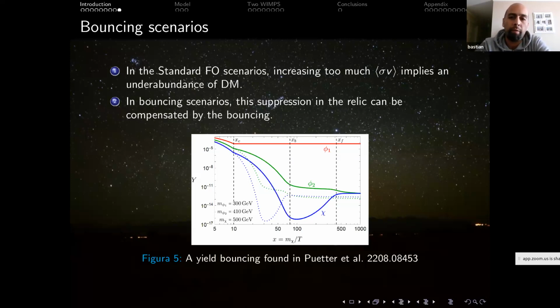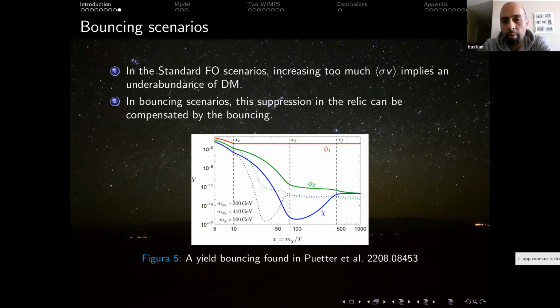The thing is that for indirect detection it's important, because the fluxes that we observe today in this type of searches depend directly on this quantity, the annihilation of your dark matter particle. So this is the motivation in these scenarios, not only a peculiarity of the yields in the early universe, because we want to observe these things somehow.